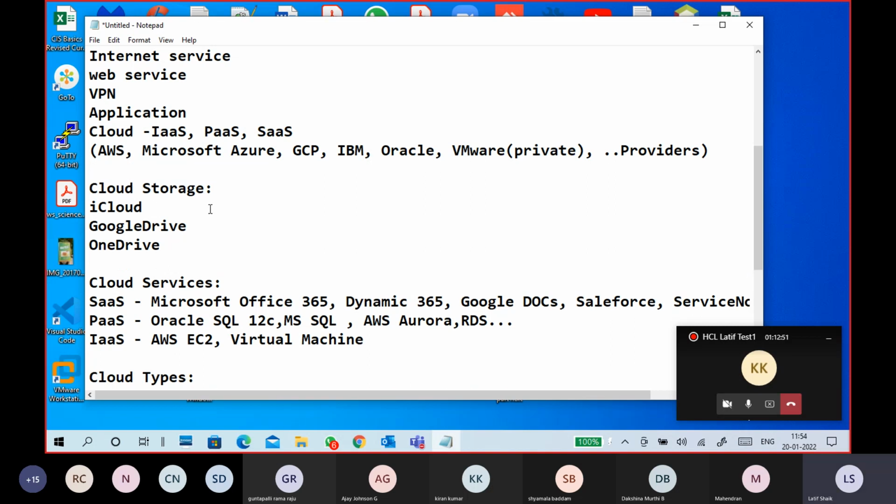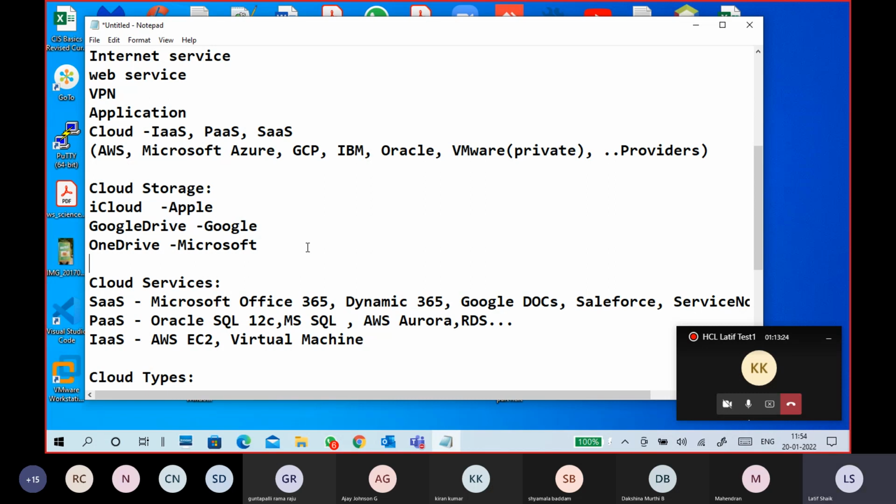But cloud storage services are there, provided by iCloud by the Apple company, Google Drive by Google, OneDrive by Microsoft, 4shared.com, Mega, Mega.nz is also a cloud storage provider, Rackspace.